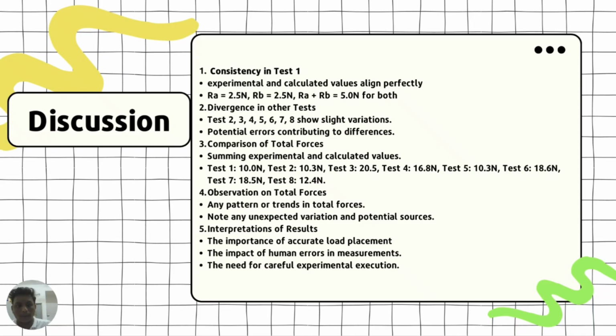However, as we move from test 2 to 8, we notice some variation. For example, in test 2, the experimental value is 5.1 Newton, slightly lower than the calculated value, which is 5.2 Newton. This variation prompts us to explore potential sources of error.